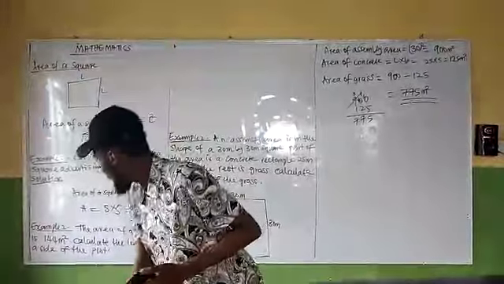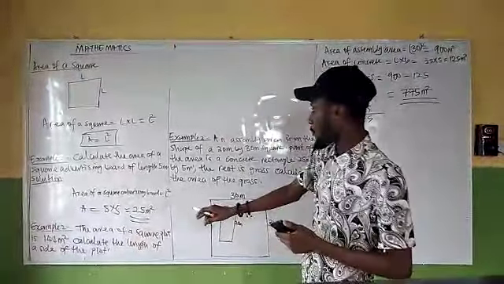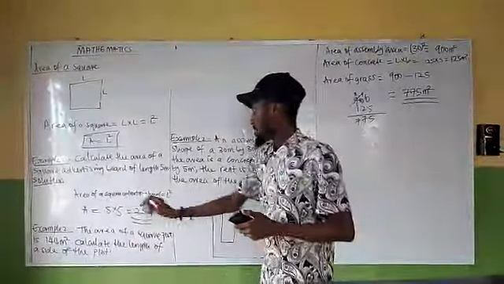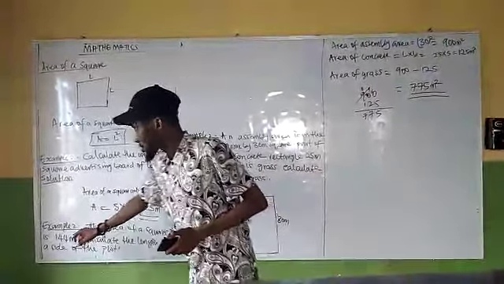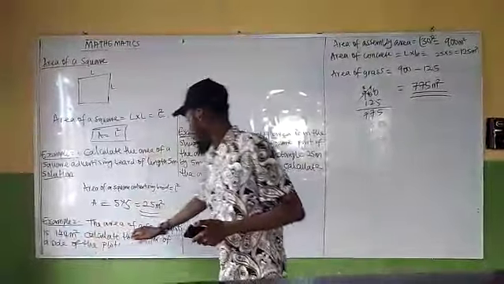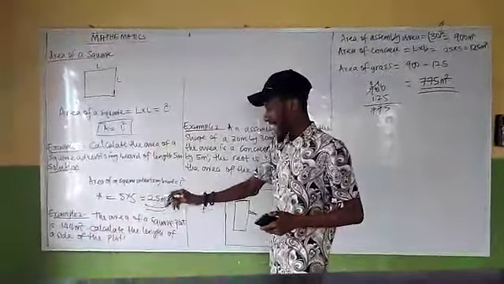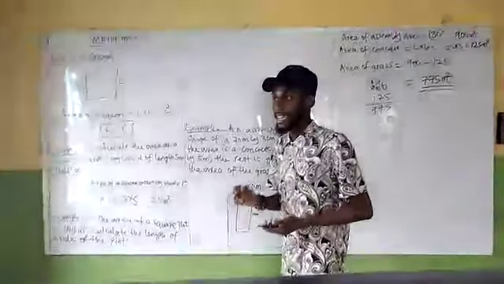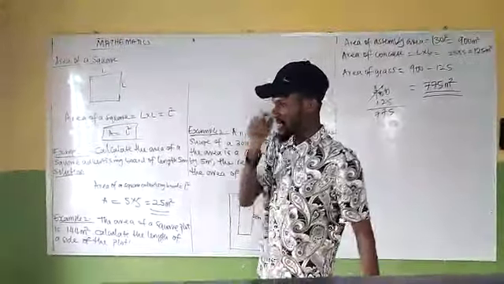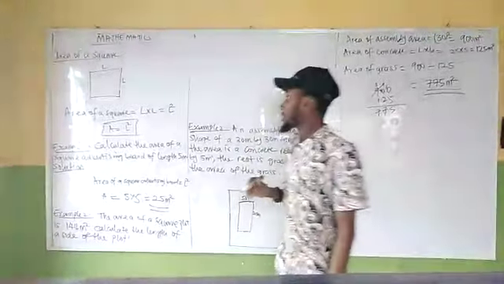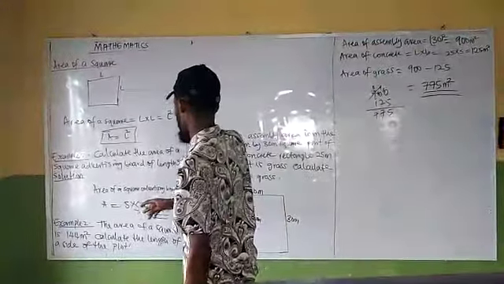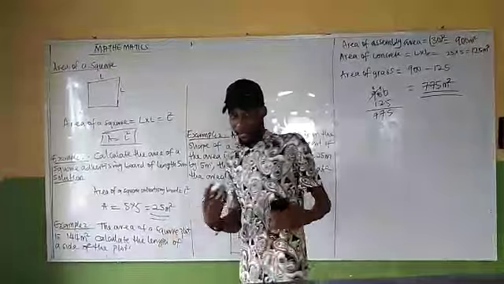So let's solve it together. The question says the area of a square plot is 144 meters square. Calculate the length of a side of the plot. In this case, I will advise you to start with your parameters before your formula. If you look at this question, the area has already been given.